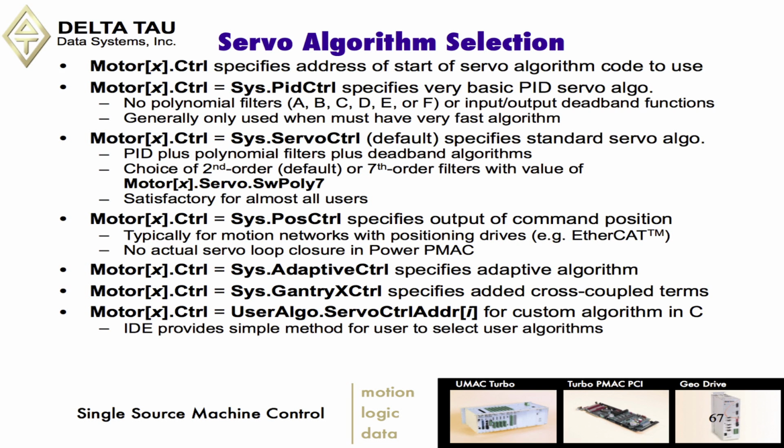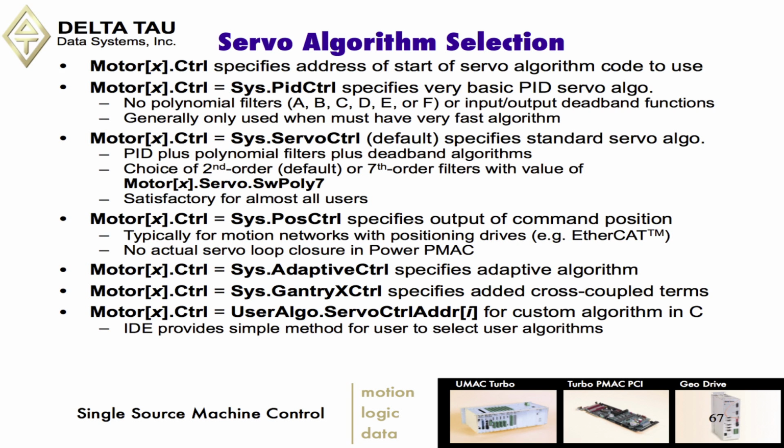We have Sys.PauseCtrl. This specifies the output position as just a position command. So it's not looking for any feedback. This is typically used with what we call cyclic position control EtherCAT drives. Sys.AdaptiveCtrl specifies the adaptive algorithm. Sys.GantryXCtrl specifies the cross-coupled gantry algorithm.